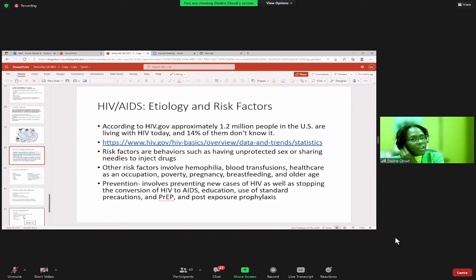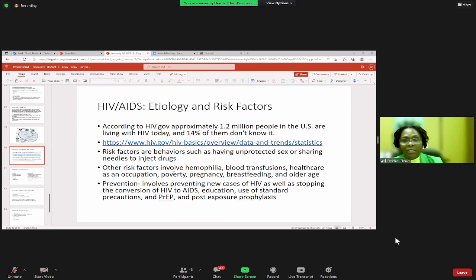According to HIV.gov, about 1.2 million people in the US are living with HIV and 14% of them don't know it. People are scared to get tested, but if you encounter patients that think they may have it, encourage them to get tested.